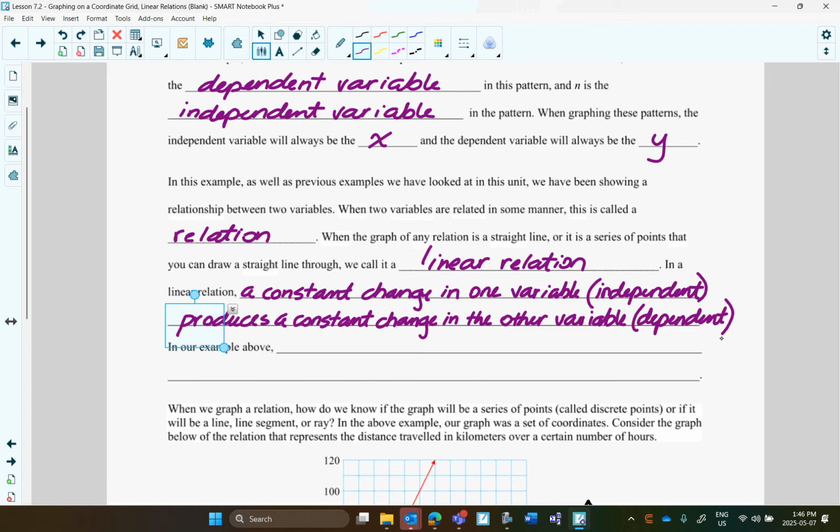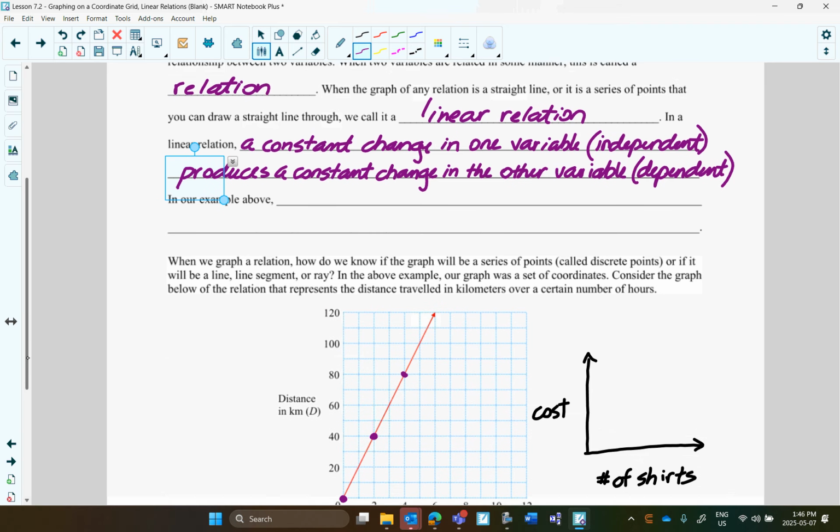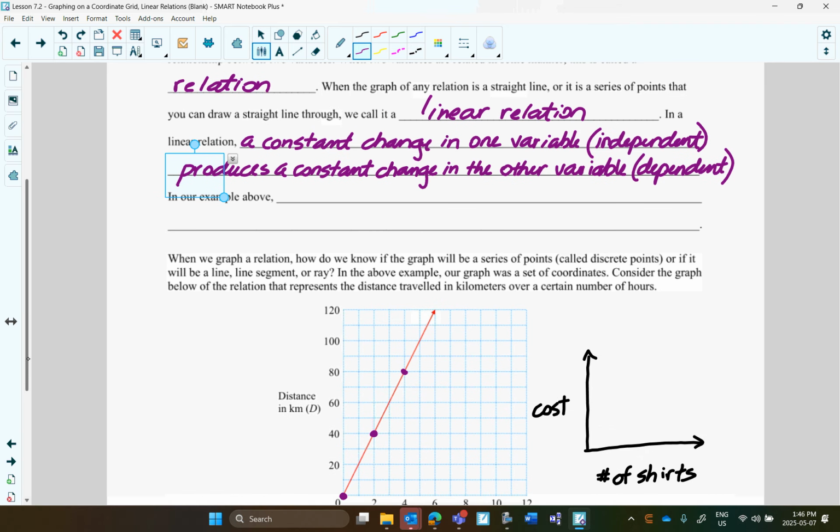So in that example that we did, every time the figure number went up by 1, the perimeter went up by 2.